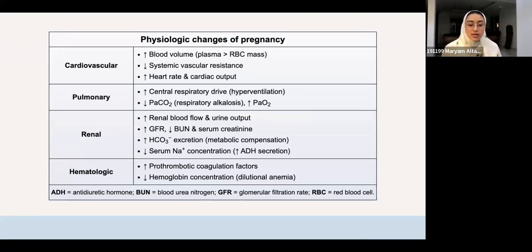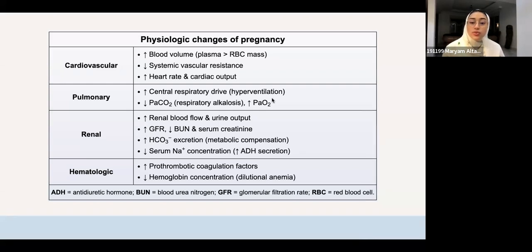Think of it, there's another human being that you need to supply to. So if that's the case, everything in your body kind of needs to go into overdrive. So you have more blood, you have a stronger heart to give out that blood. This decreased systemic vascular resistance basically allows this blood to more easily reach your developing fetus.